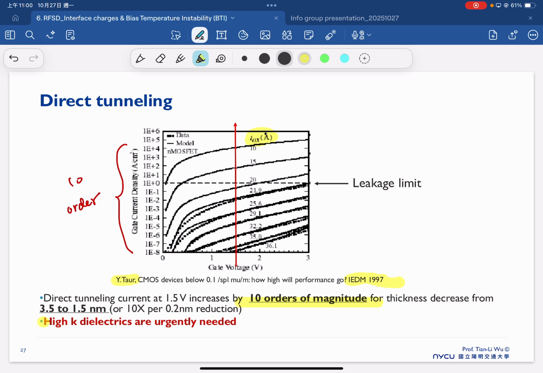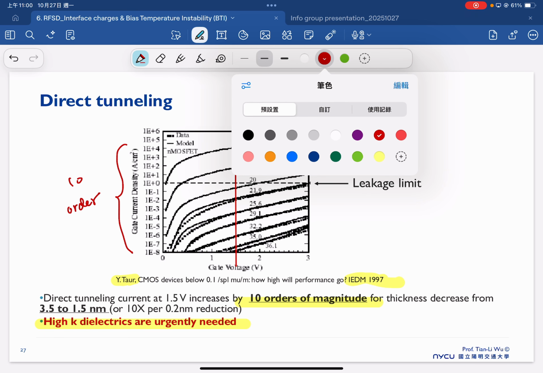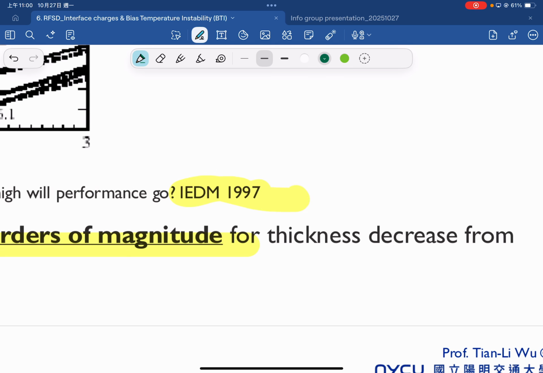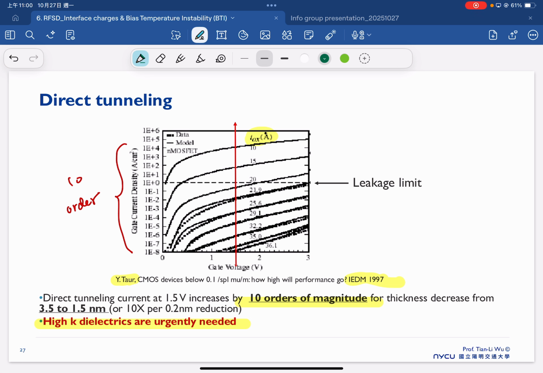So that's why people start to think that we need a high K dielectric, because a high K dielectric can avoid the thickness scaling. The reason why we want to do the thickness scaling is driven by the need to boost the current.